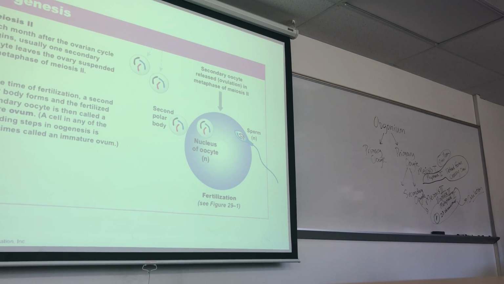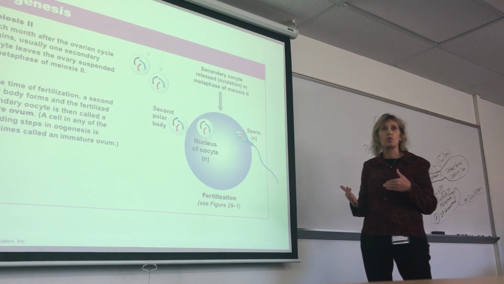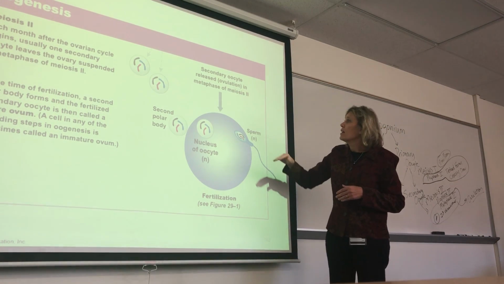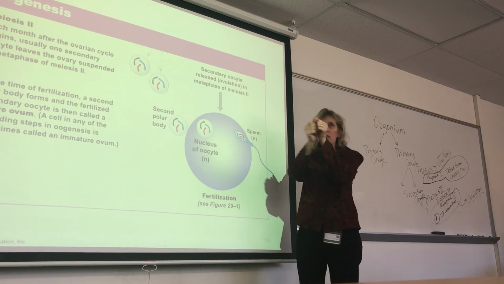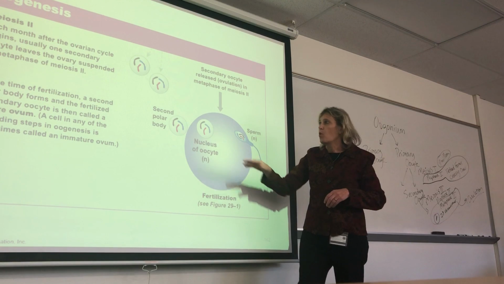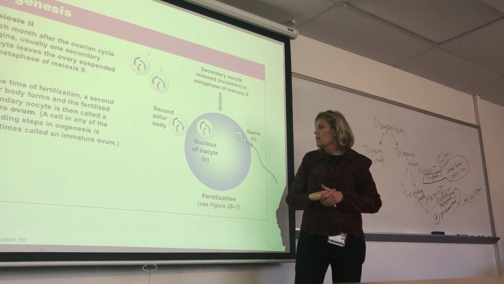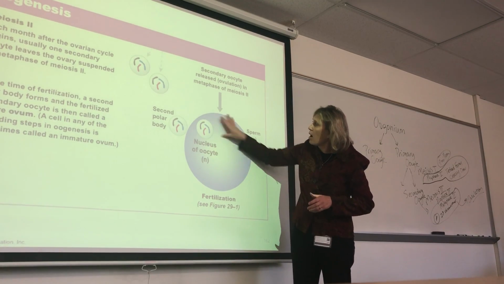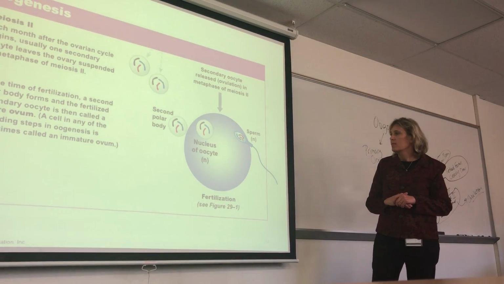Okay, then the polar body and the secondary oocyte are going to start meiosis II. So they go through prophase II and metaphase II, and in that time, the chromatids separated. One daughter chromosome went with the second polar body. The other one went with the other oocyte.